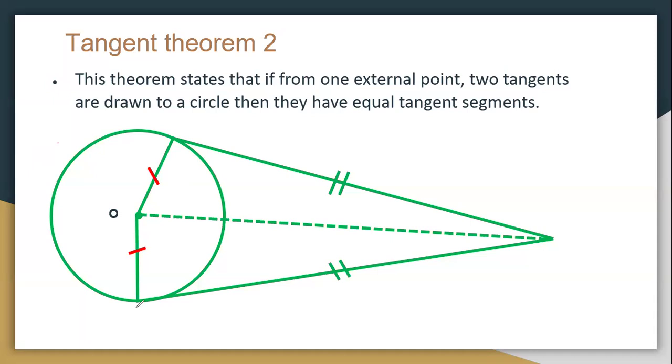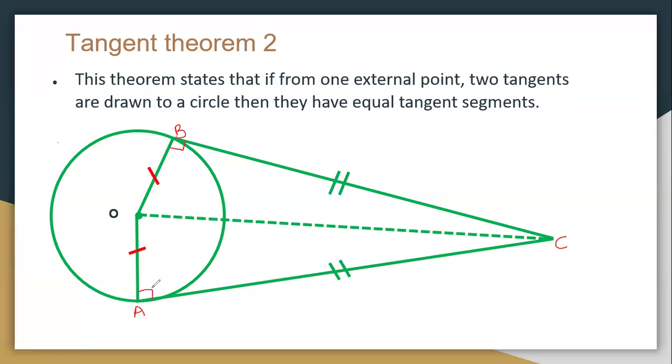This is my point A. I'm going to call this point B, and I will call this point C. What do I need you to know? We have said that when a radius meets the tangent, the angle we shall have here is 90 degrees. Similarly, the angle we shall have at A is also 90 degrees because the radius is meeting with the tangent.